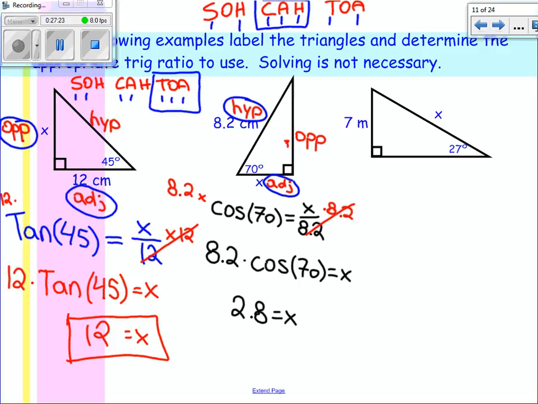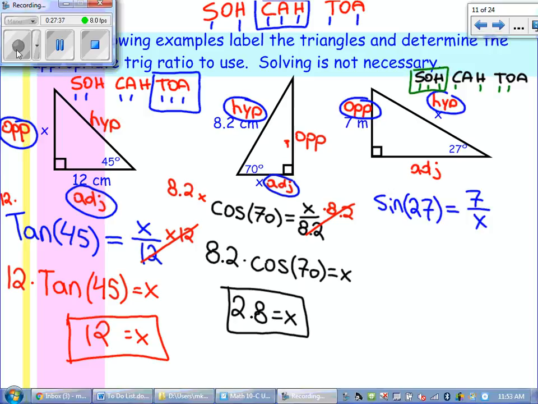All right, try the third one on your own. See if you can do those steps, because things change a little bit here. So, I set up my triangle. I labeled it properly. I did my checklist. I realized I need to use sine. So I set up my sine. I said sine of 27 equals 7 divided by x. But the problem here is we can't multiply 7 to get rid of it.